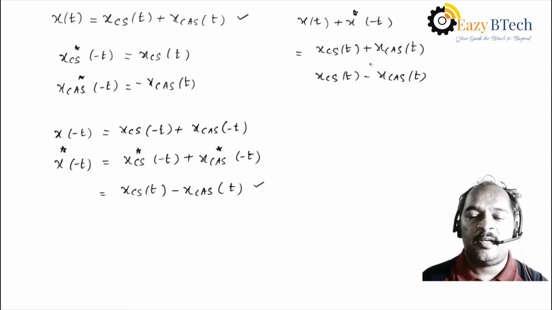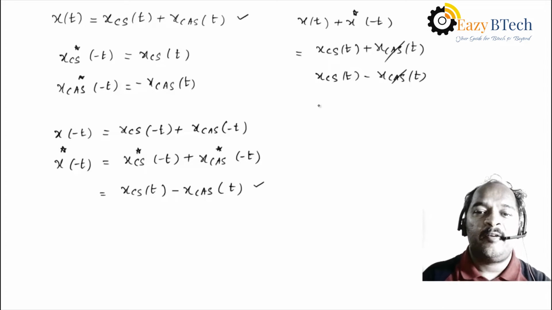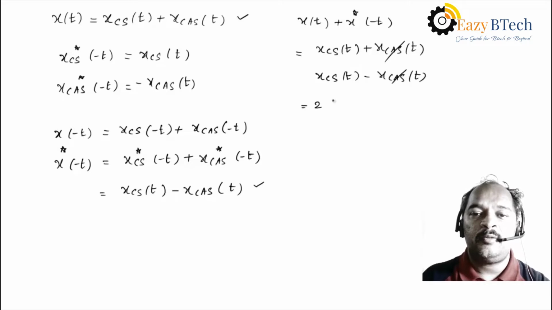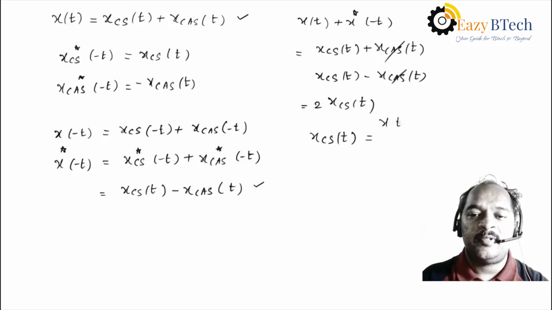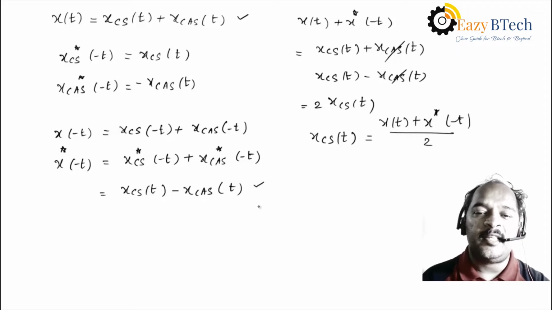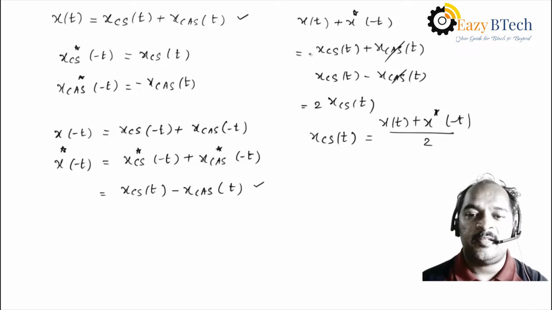Because we are adding, these two terms get cancelled, and you finally get 2 times xcs of t. So from this we see that xcs of t is equal to x of t plus x star of minus t, whole divided by 2. In that way we can derive the equation for the conjugate symmetric part of the signal.